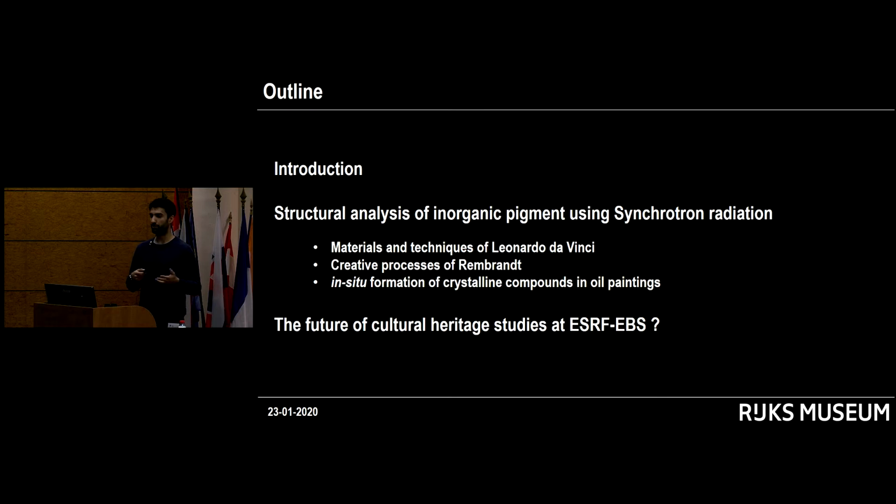To do that, I'm going to showcase a few examples which will have to do with the materials and techniques of Leonardo da Vinci, the creative processes at stake in the work of Rembrandt, and finally, I'm going to briefly discuss the in situ formation of crystalline compounds in oil paintings.